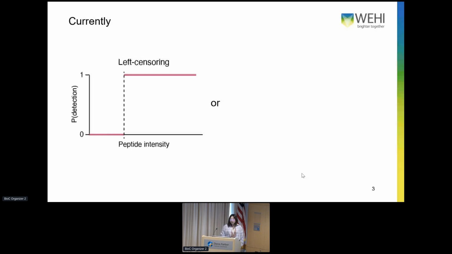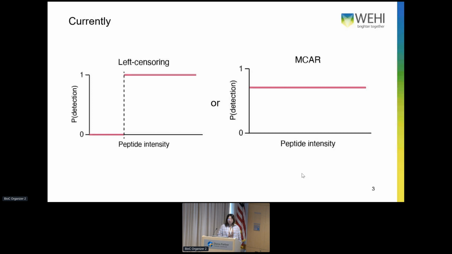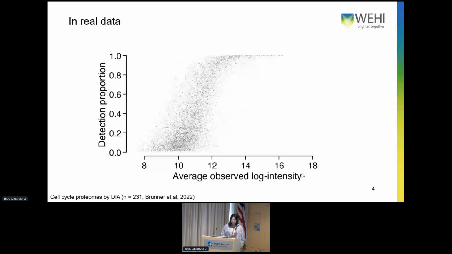Alternatively, a lot of methods assume the missing values are missing completely at random, which essentially means the probability of detecting any sample is a constant for any peptide of the experiment.